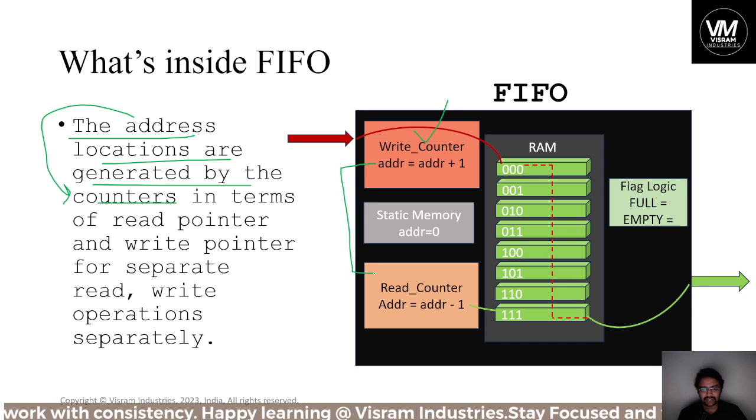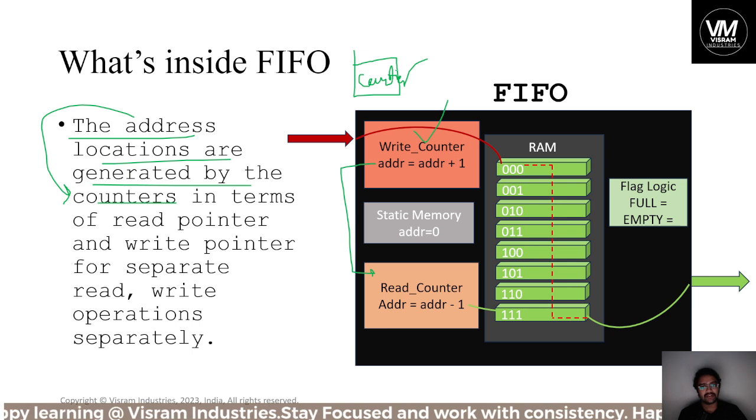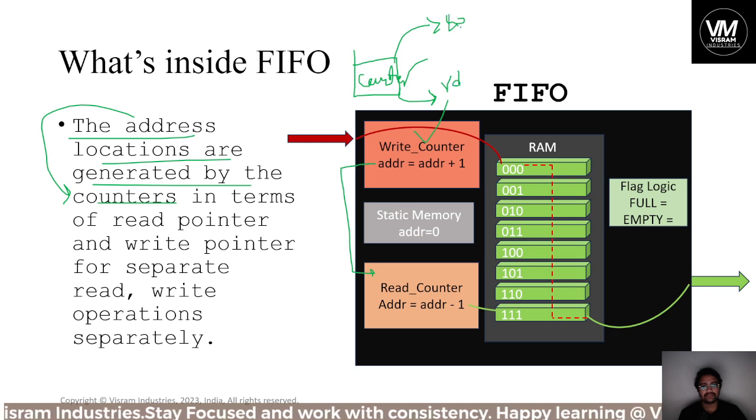These are not two counters; we have only one counter, but it acts as write counter and also as read counter, and it handles read and write operations separately. That's what you need to understand.